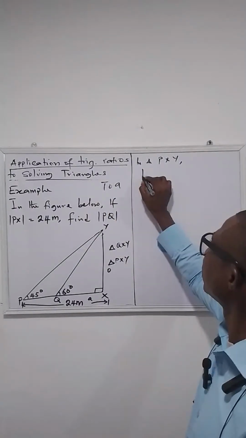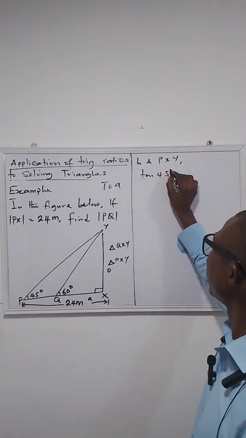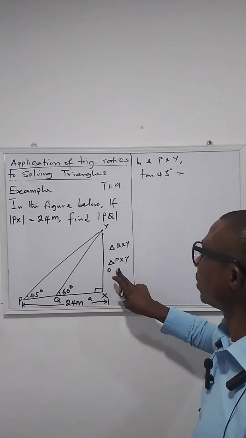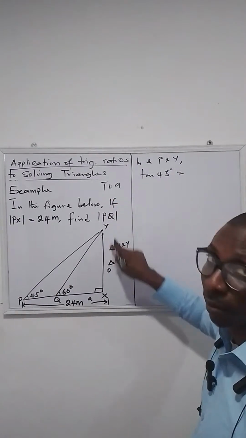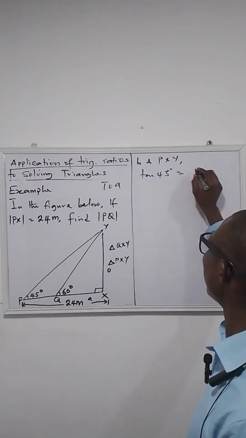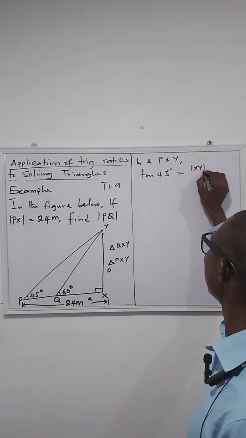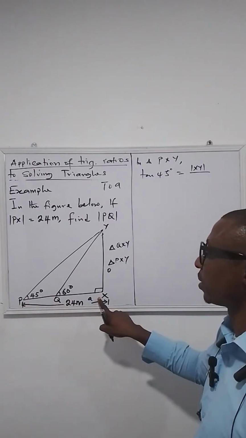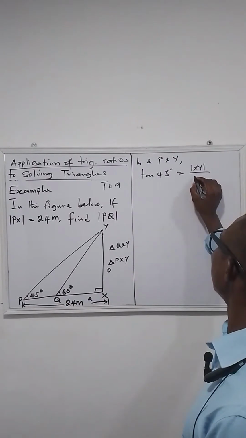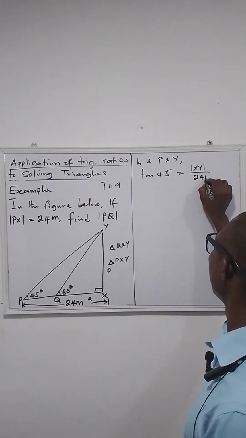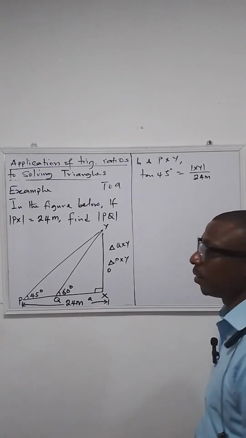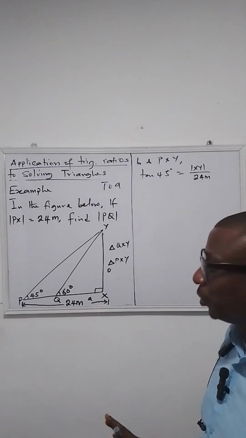So I have tan 45 degrees equals opposite, that is length XY, over adjacent. Adjacent is PX, and that is 24 meters.